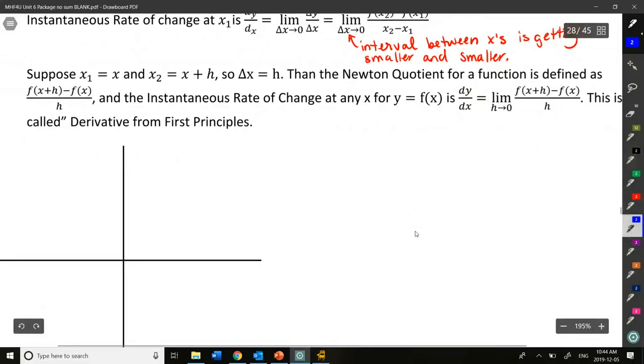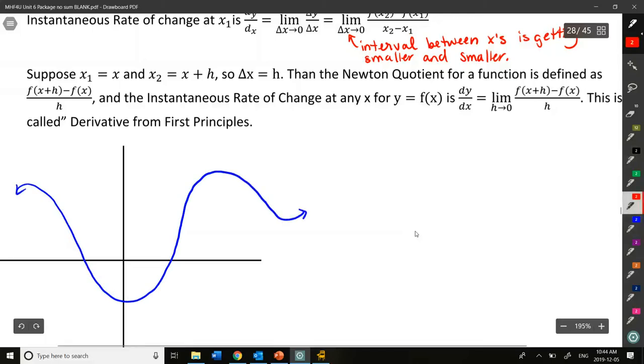Okay, so an example. I have some sort of function. And let's just say that I have some point x right here. So this is going to be some x coordinate. The y of that point is f at x.